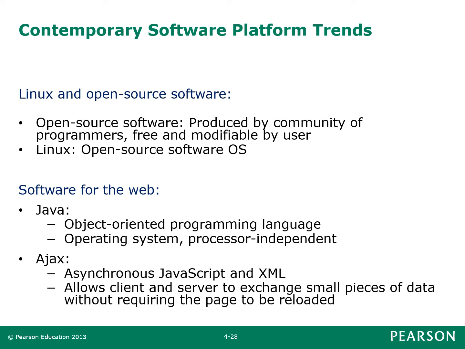There is also software for the web. Web is very important for any organization today, and there are many functions, tools, and software that can be used in this web environment, like Java. Java is an object-oriented programming language. It is operating system and processor independent.